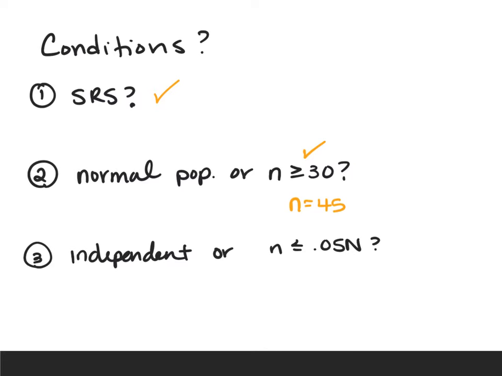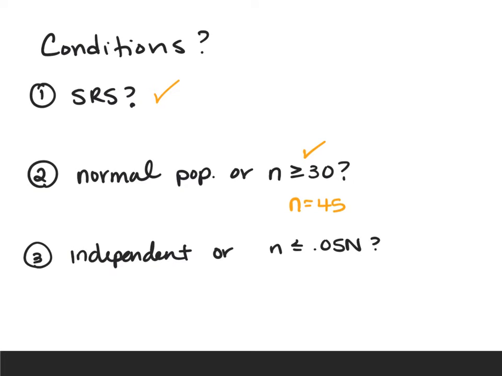As for our third condition, is our sample size no more than 5% of the population size? If you're selecting people, typically you can assume that one person's resting metabolic rate will not affect someone else's.